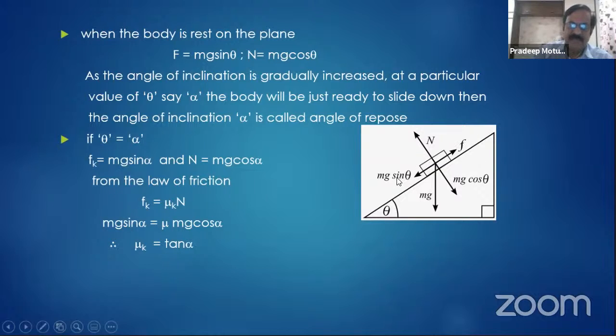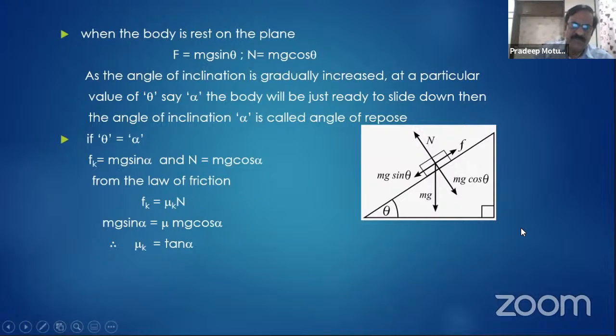Here Fk is equal to mg sin alpha and N is equal to mg cos alpha. Here I just took theta as alpha because the block tends to move or is ready to move.